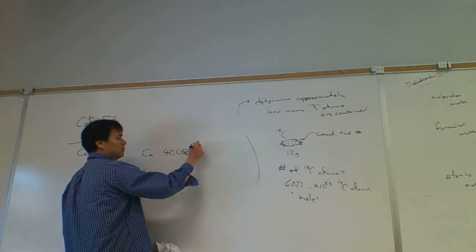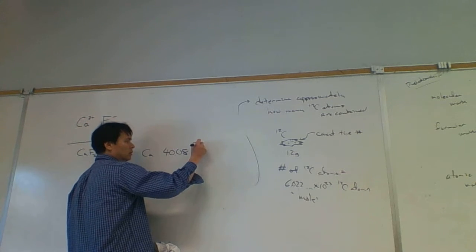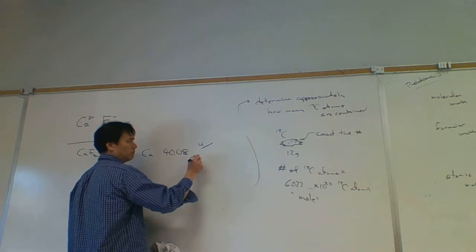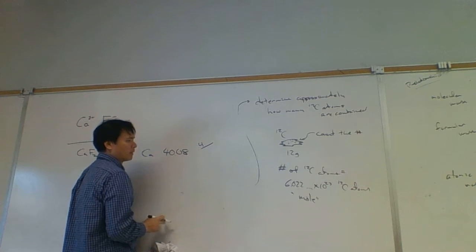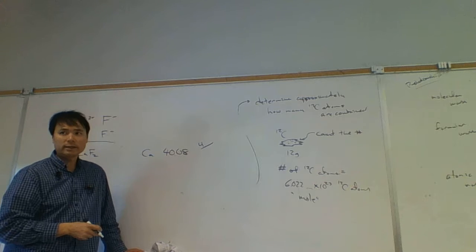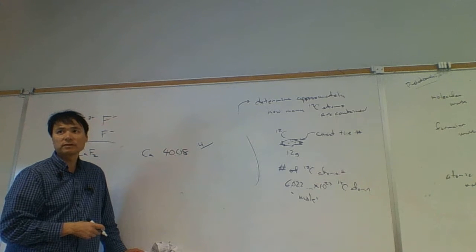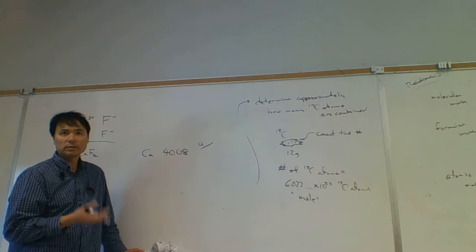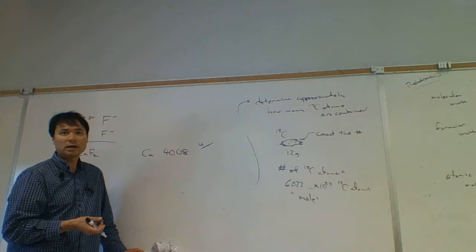Tell me the 2 units. U per... Yeah, but be more specific. You're right, it is per formula unit, but be more specific. Is the formula unit a molecule? Is the formula unit an empirical unit, or is the formula unit an atom?